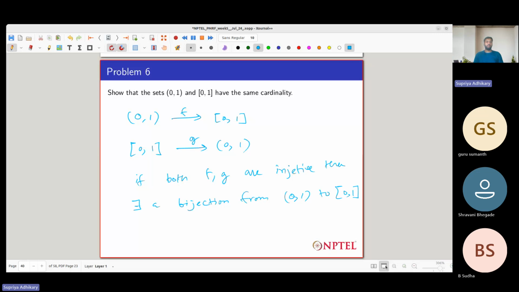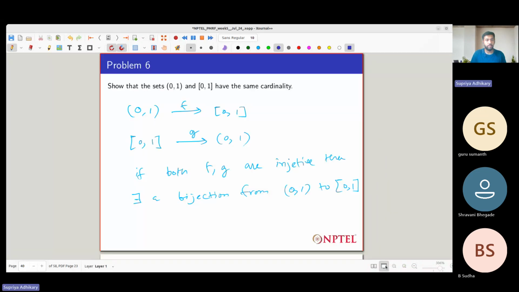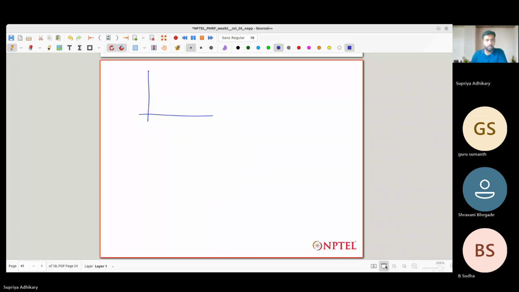So basically, we now have to find two injective maps, F and G. So how can we find that? First, we will try to find a map from the open interval (0, 1) to [0, 1]. This map is very easy.